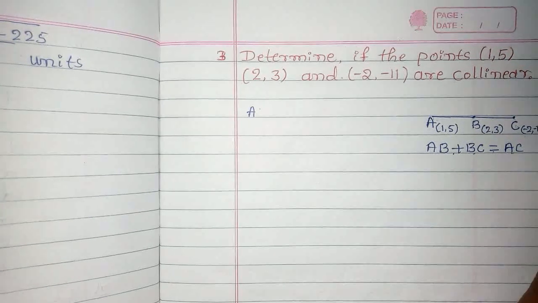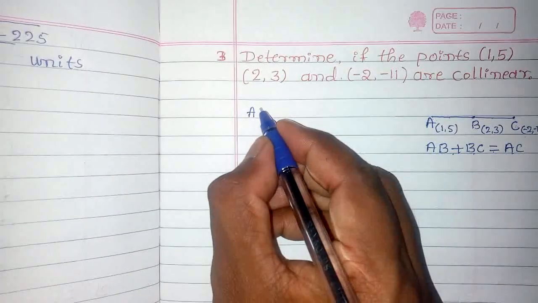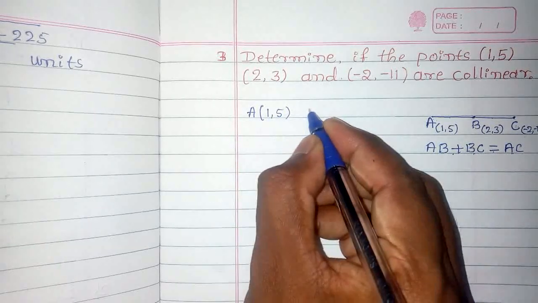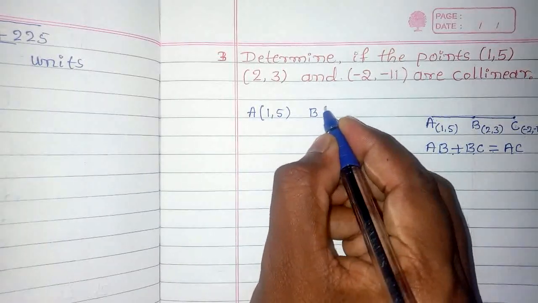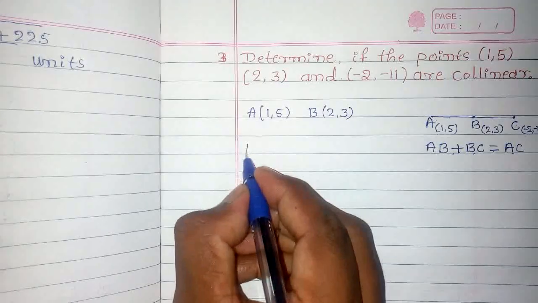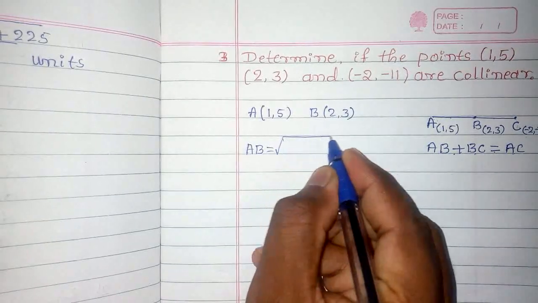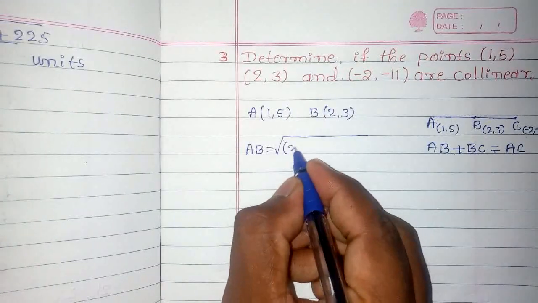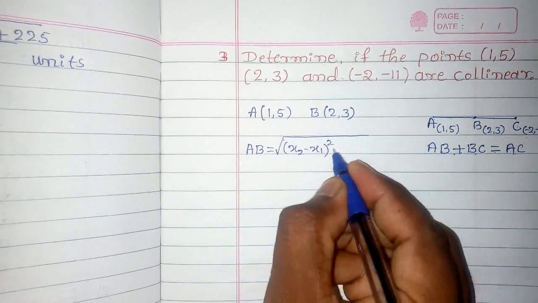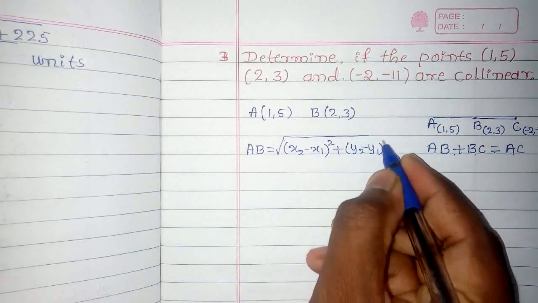Now find the distance of AB. AB is equal to the square root of (x2 minus x1) whole square plus (y2 minus y1) whole square.